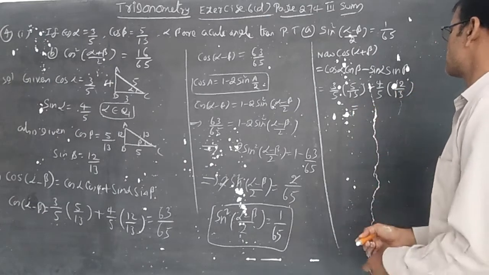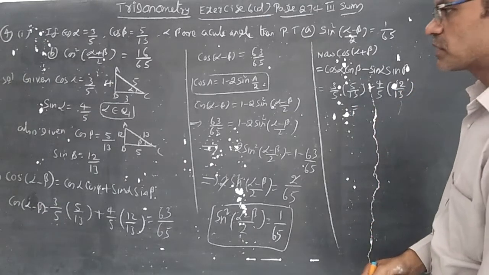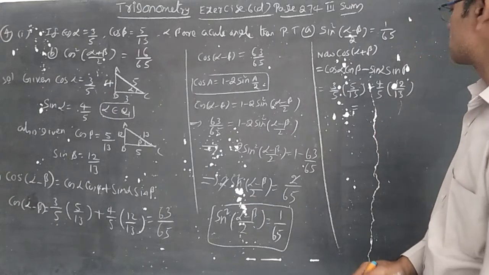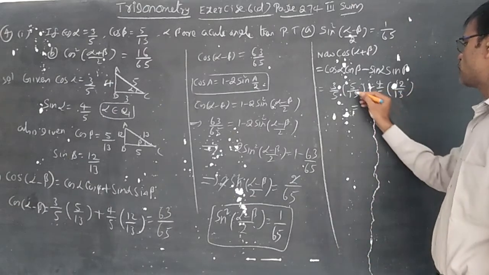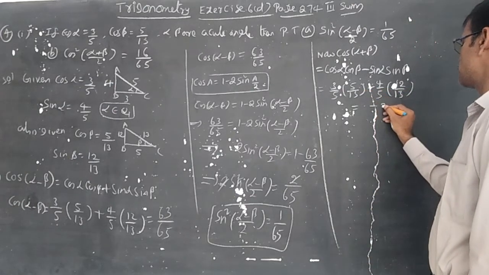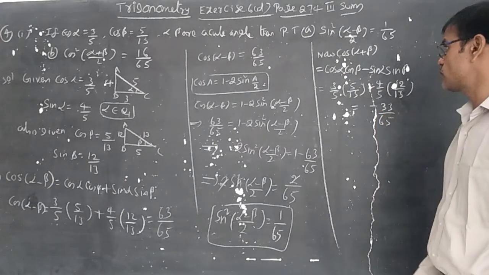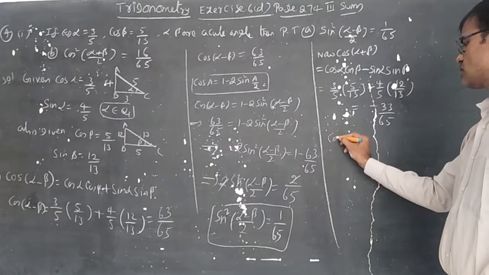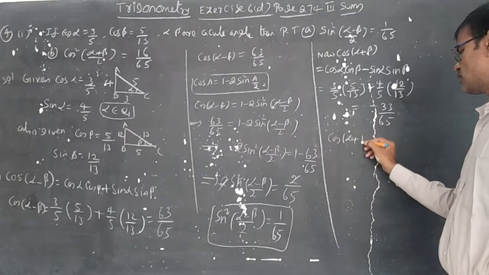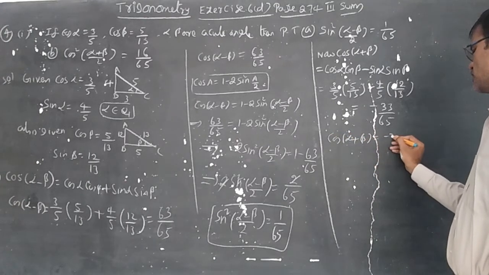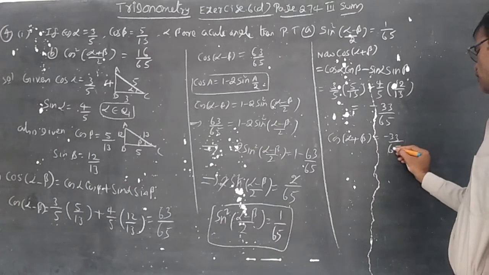Here 3 5 is 15 minus 48. 15 minus 48 becomes minus 33 by 65. Now we got cos of alpha plus beta is equal to minus 33 by 65.